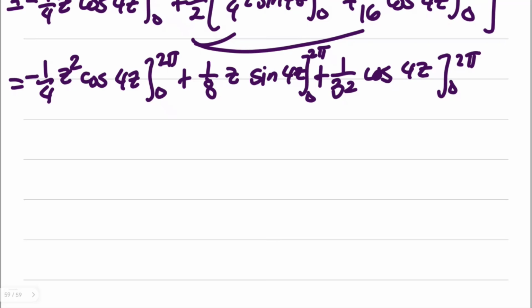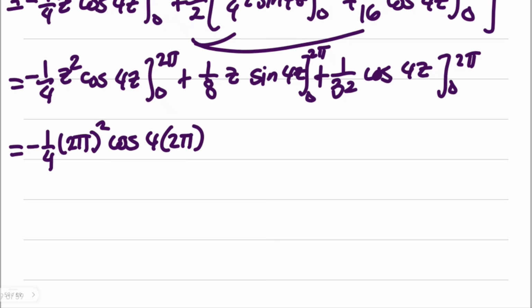So, this is what will happen here for the first term. Negative 1/4, 2 pi squared, cosine of 4 times 2 pi, minus, since it's preceded by a minus sign, I'm going to use the grouping symbol, negative 1/4, 0 squared, cosine of 4 times 0.